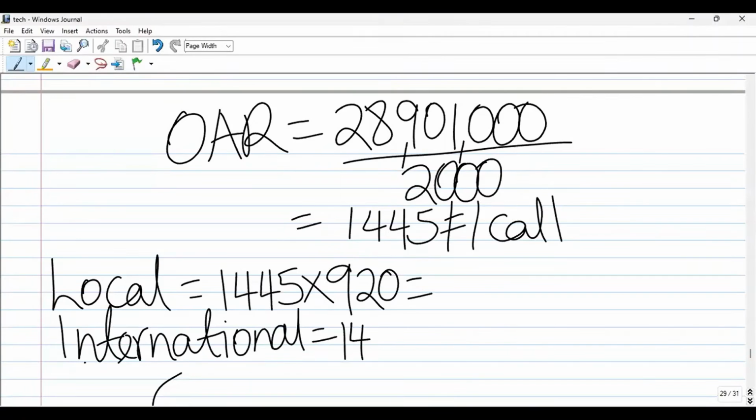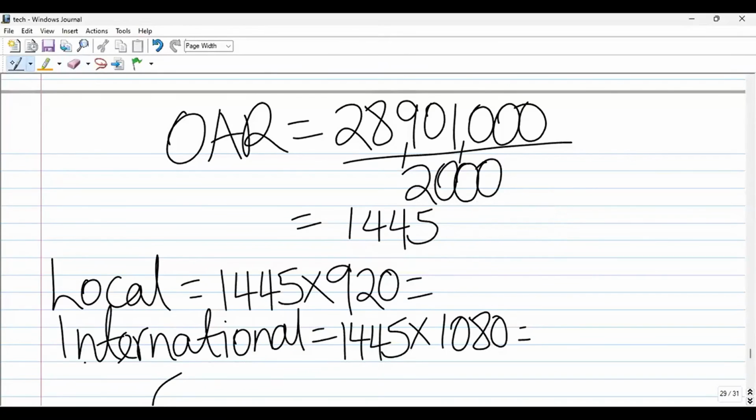Excuse me, isn't it 14,450.5, or you've rounded off? My answer is different. It is 14,450.5 shillings per call.